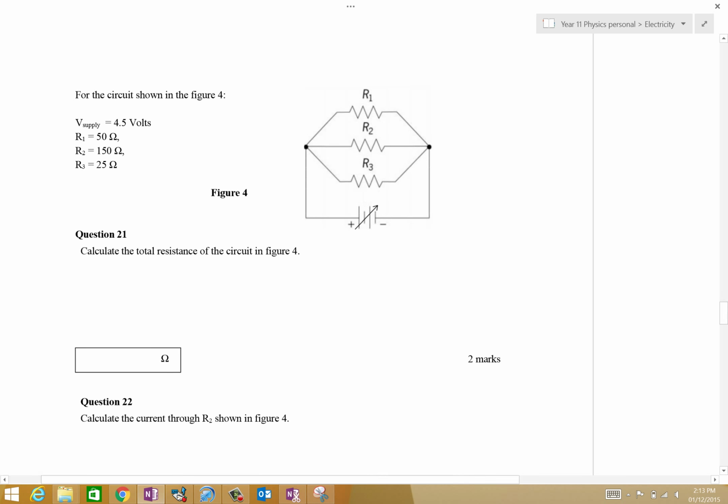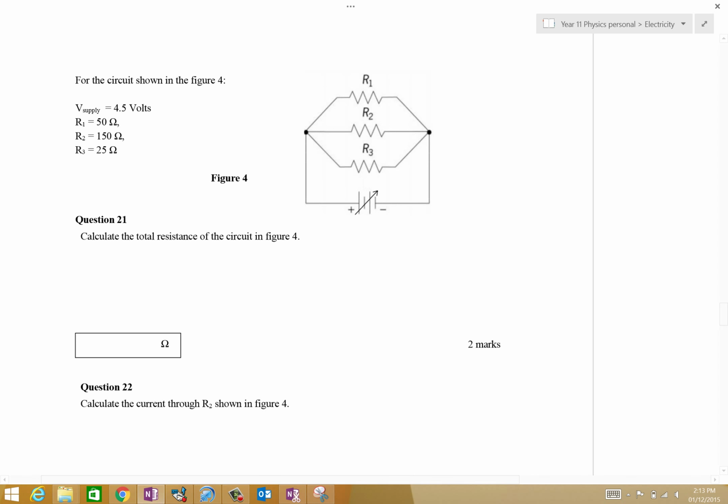Let's have a look at this one. Now, I'd like you guys to have a go at this. And this time, remember that we're using the formula: 1 over RT, the total resistance, equals 1 on R1 plus 1 on R2 plus 1 on R3 and so on. We obviously stop there. Have a go at this, please, to work out what the total resistance is.